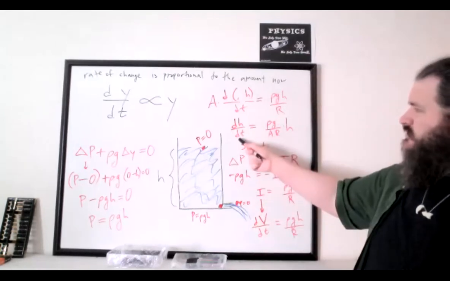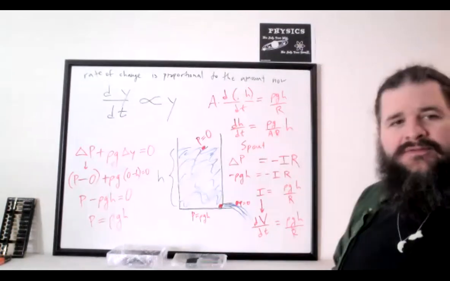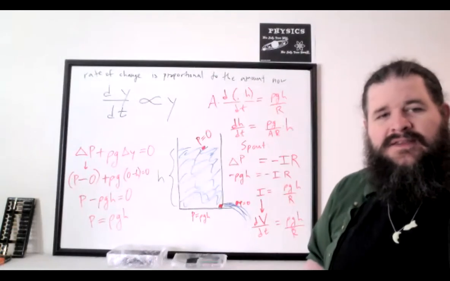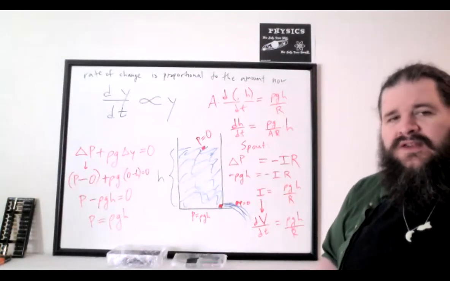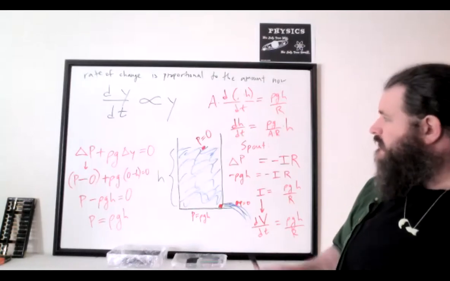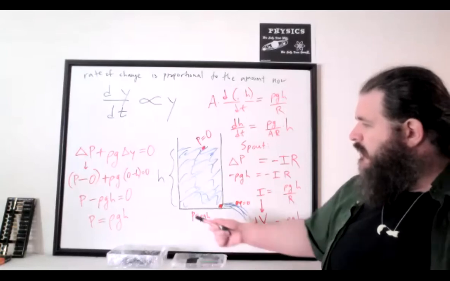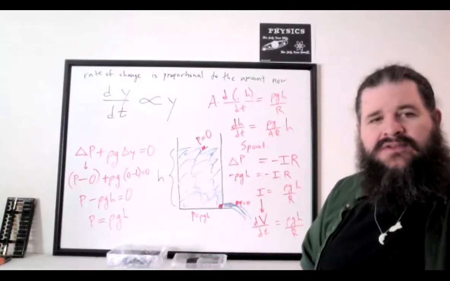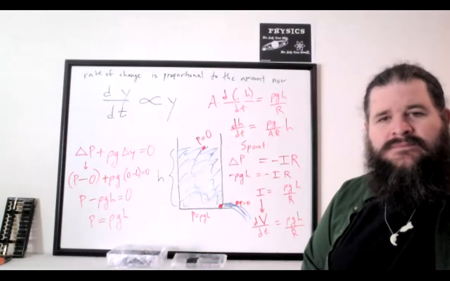That is, the rate of change in that function is proportional to the function itself. This automatically leads to exponential decay, or exponential change anyway. The reason it's decay instead of growth is that we actually need one more thing in this equation. As current flows, does current flowing make height increase or decrease? Right.